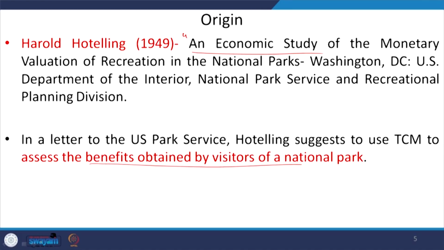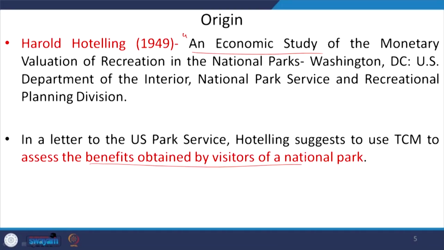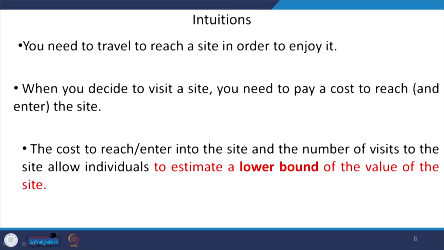So, in a letter to the US Park Service, Hotelling suggested that we can use a model that is known as the travel cost model to analyze the benefits, how the visitors are assigning value, and how the visitors are getting the benefits from a national park. So, it is a kind of public policy he talked about in order to have a value of the national park service.